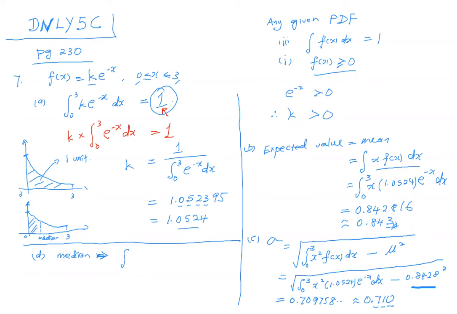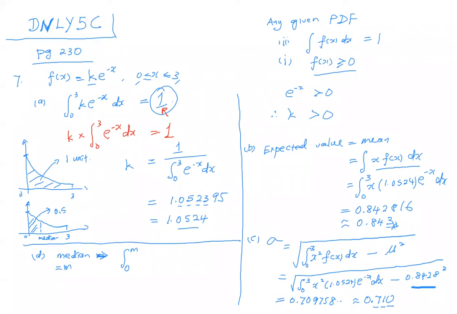So from 0, this area must be 0.5, correct? Yes. So integrate 0 to... we don't say x put here. In your graphic calculator, when you use solver, you put x. But over here, you cannot put x. You put median is m. So you put m.